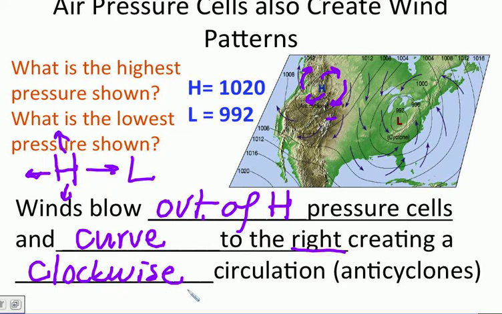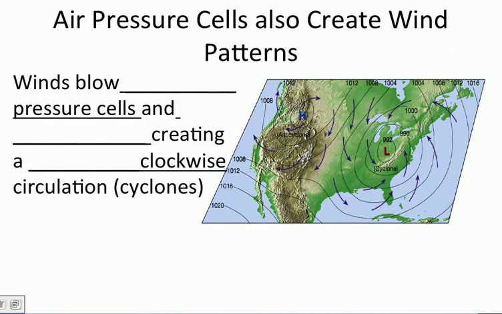Now, like we have already seen several times with high and low pressure, whatever occurs in the one, we can expect the opposite in the other. So in the case of the low pressure system, winds are blowing into low pressure cells. And again, referring to the map, we see all those arrows pointing into the low pressure system.